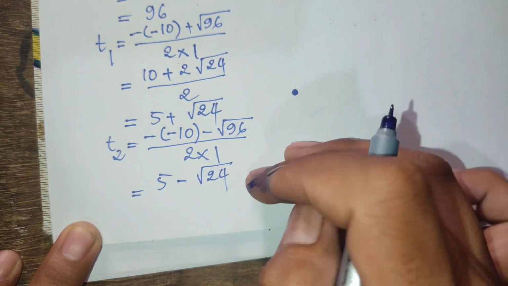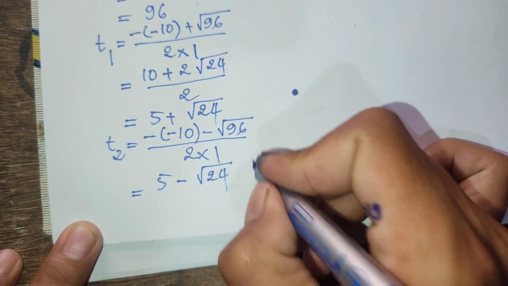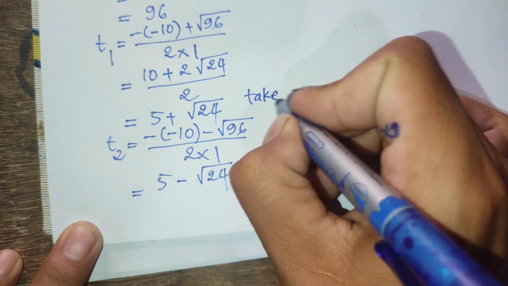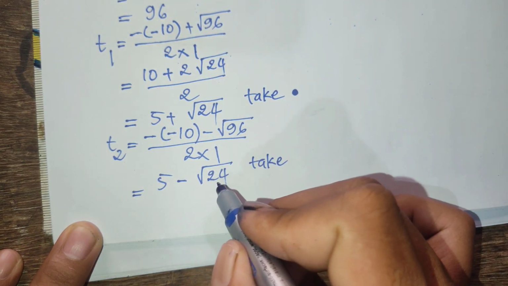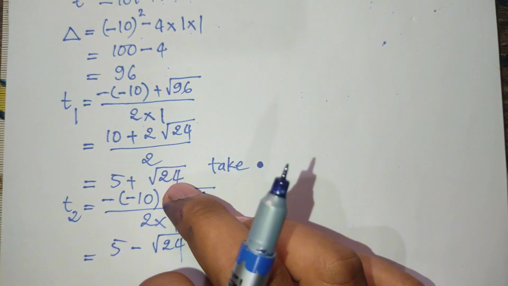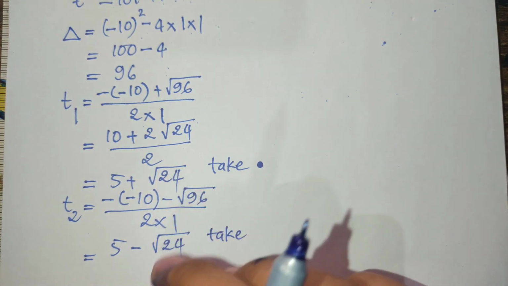This also is acceptable, because square root of 24 is smaller than 5, so it is positive. And now I use this before.